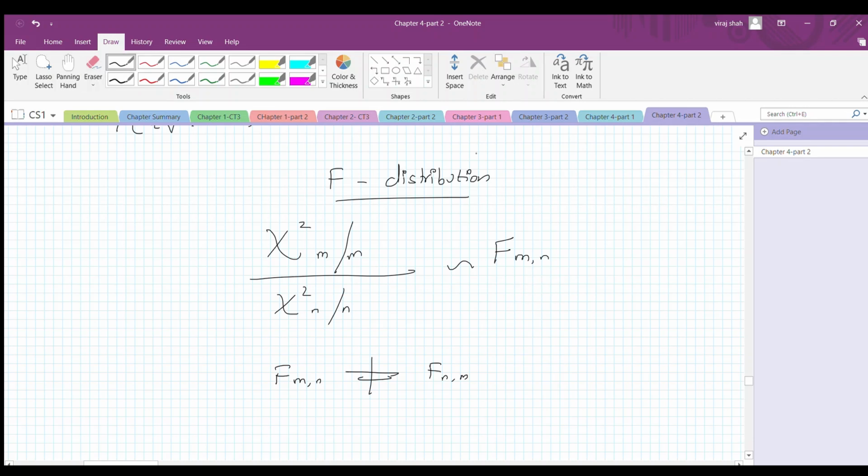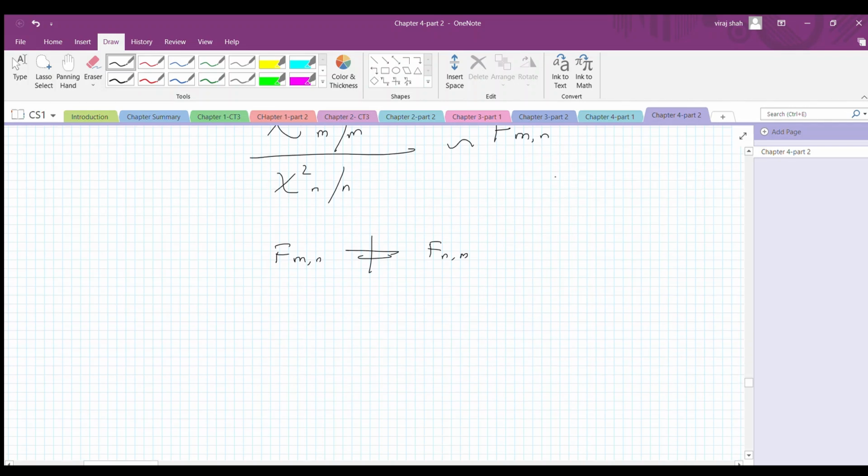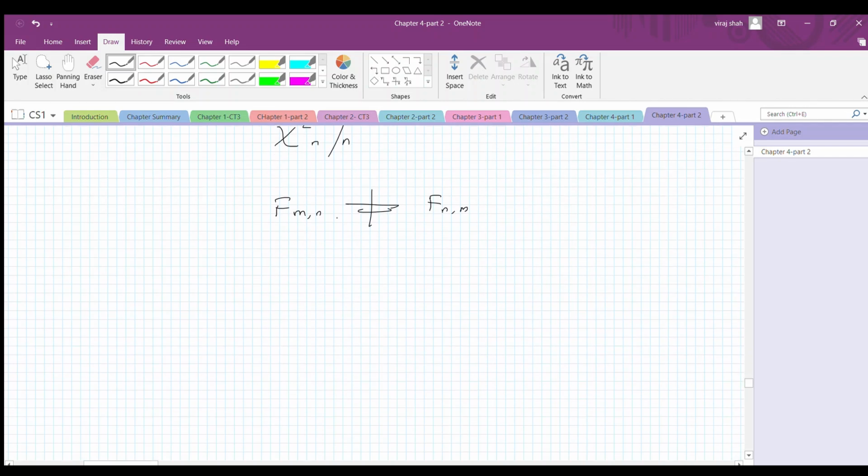You can see its distribution values from page number 170. We will understand this later, but right now let's just ignore it. There is one more thing.